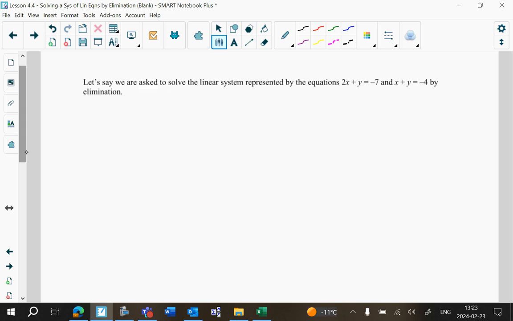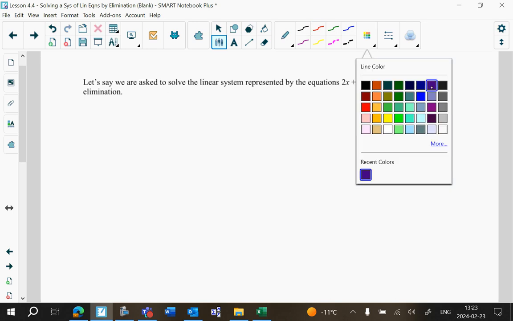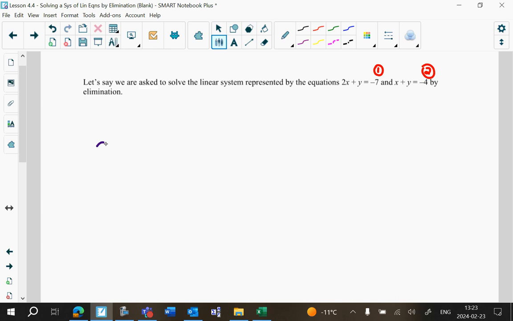So first of all, what I like to do as well, just like we did with substitution, I like to give each equation a number and then just write a quick little blurb about what I'm doing. Let's rewrite these so that they line up vertically.